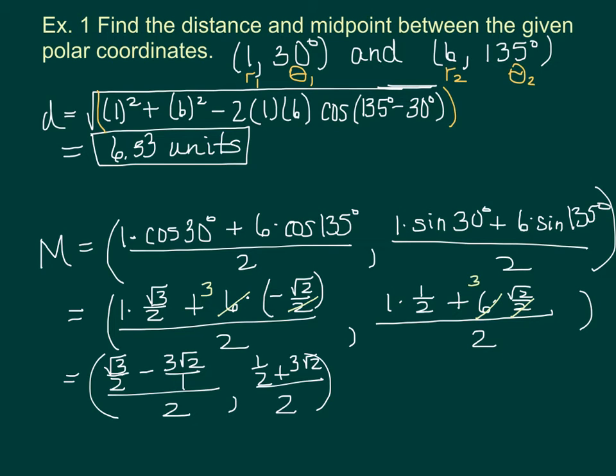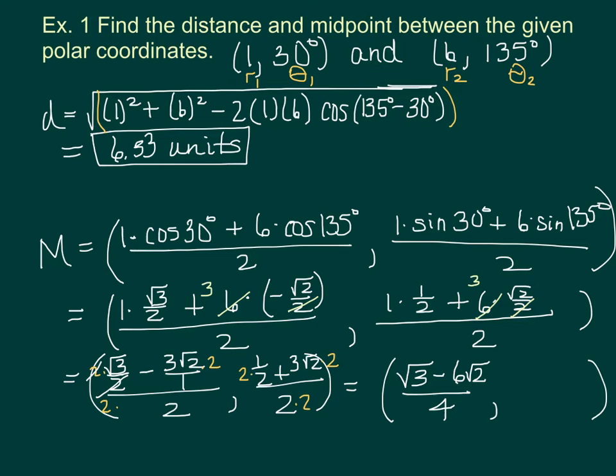And what I'm going to do is just multiply everything by 2. So that's gone. And I have radical 3 minus 6 radical 2 over 4.